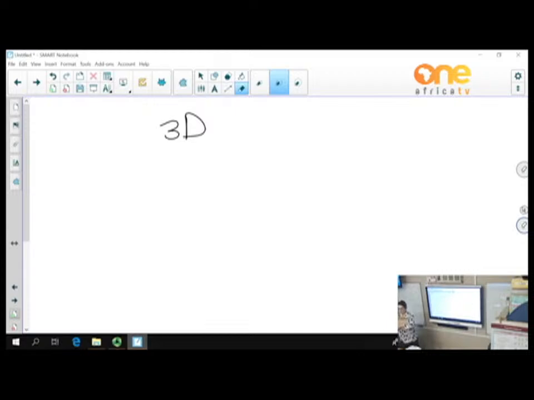The angles are 90 degrees, so this is basically sine, cosine, and tan, the ones you did last year already. But now sometimes they're going to ask you to find this angle here. So that means I first need to find the hypotenuse in this base, and then I can work with that one.